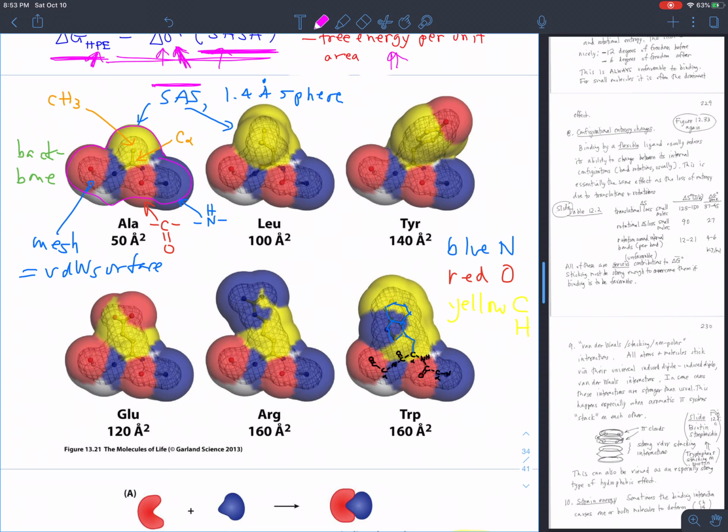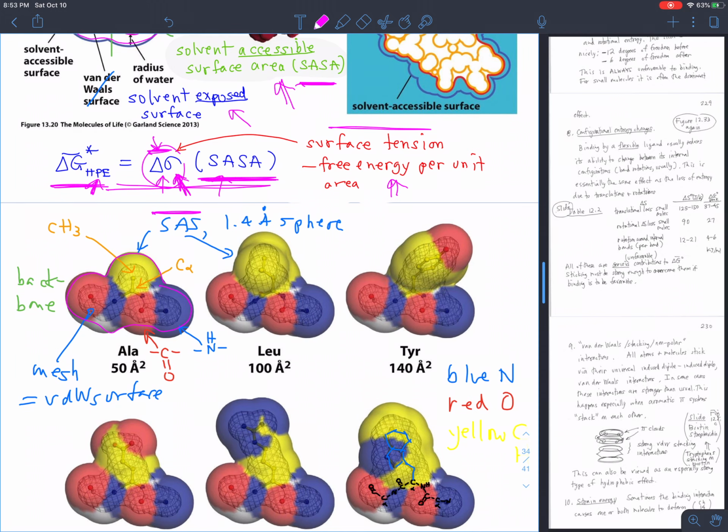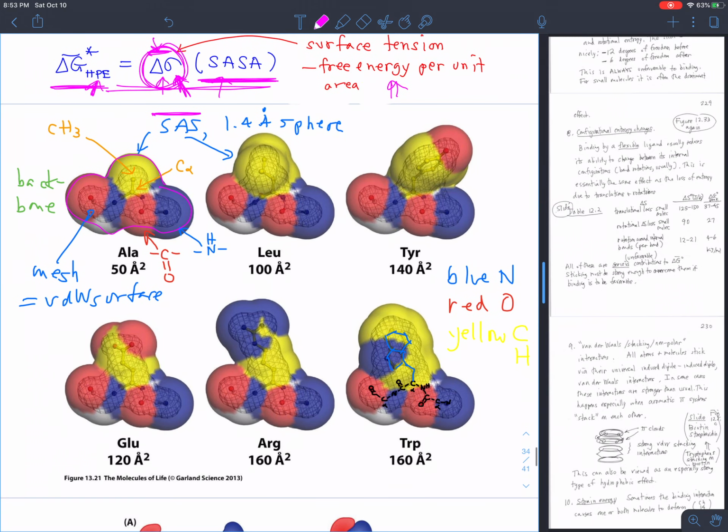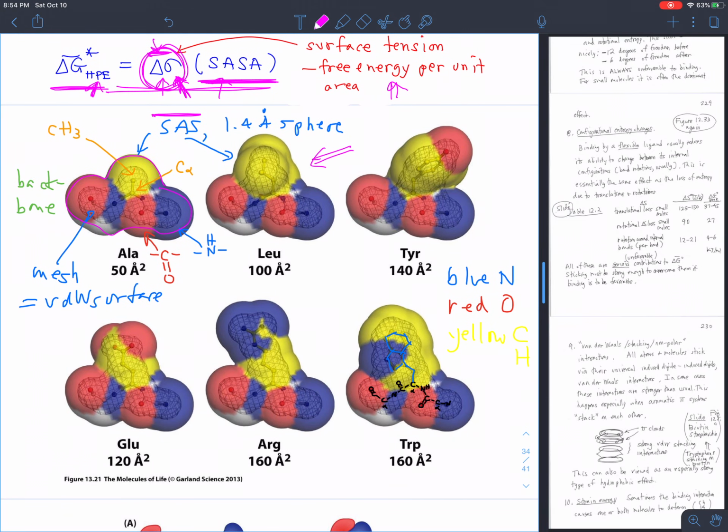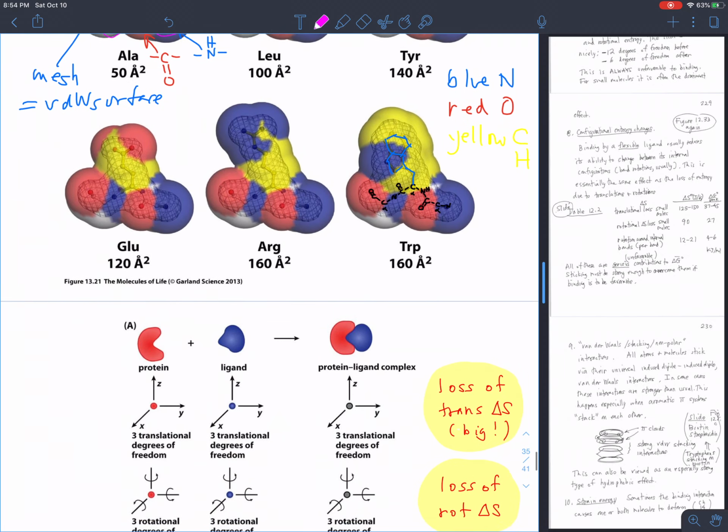And when you put all these amino acids into a protein, that allows you to point by point, atom by atom, residue by residue, assign a certain value to this surface tension to every part of every amino acid on the protein, and in that way calculate how much effect the hydrophobic effect is having on any given binding process. And in molecular simulations, that's exactly what lots of programs do.